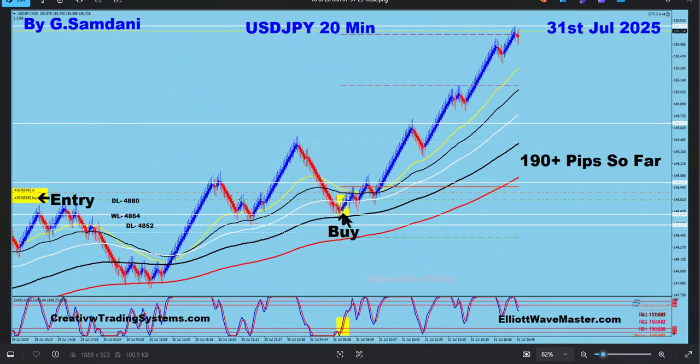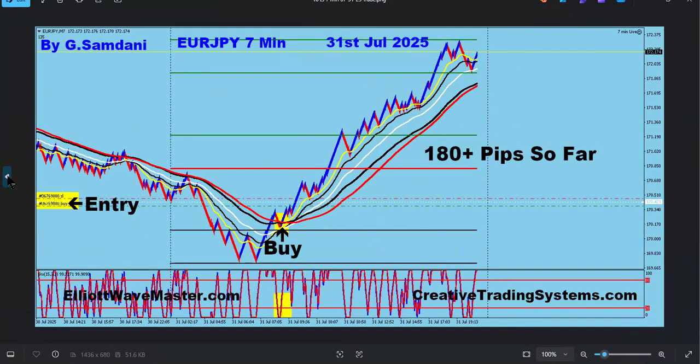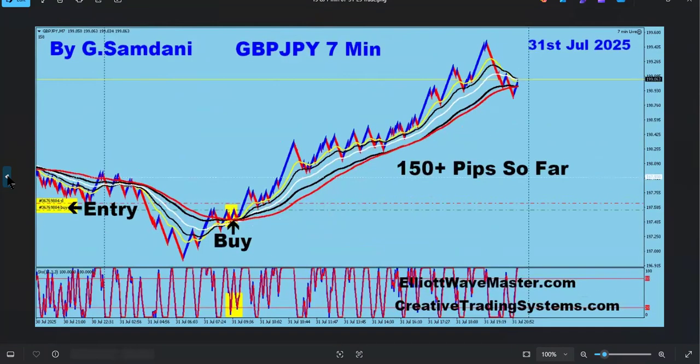See that? From here, obviously, USD was getting strong and Yen got weaker. So that's what's going to happen. That happened, and that's the 20-minute chart, by the way. And then 75 USD Yen. This is Omar's computer. He took the other entry. This is a Euro Yen 180, and this is Pound Yen 150.